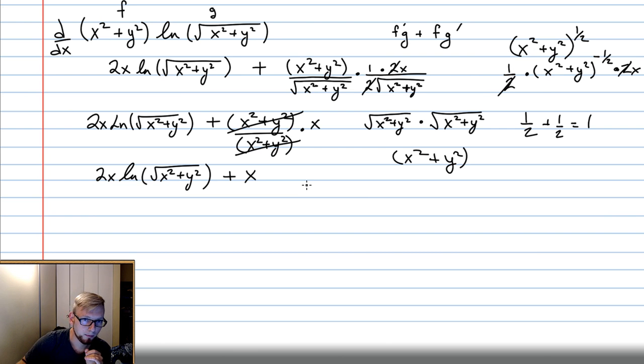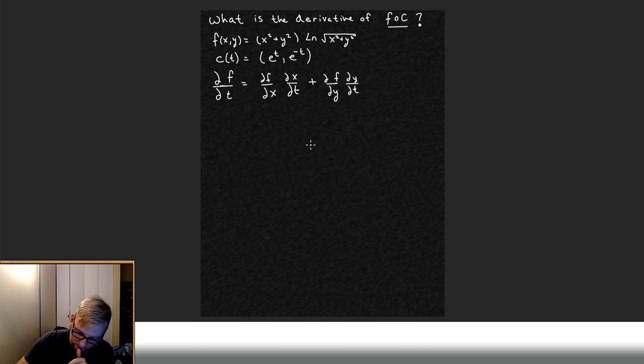Okay. Now what? This is our derivative that we need to write in here. That's just the derivative of f with respect to x. So we've got, and I'll write it in brackets, I need to change colors again, 2x ln of, well, the square root, right?